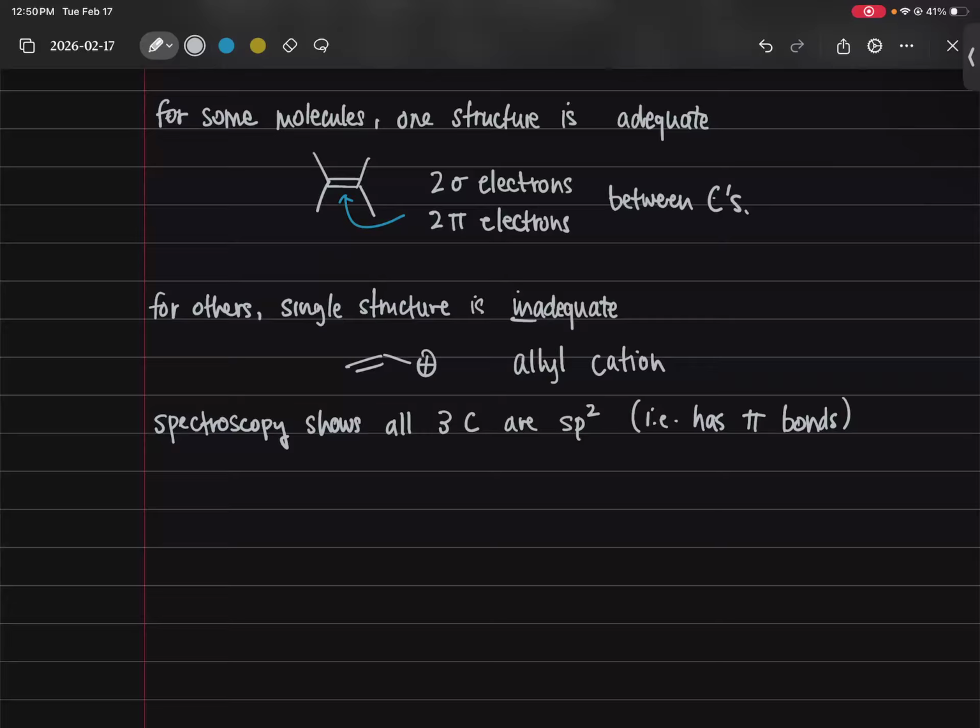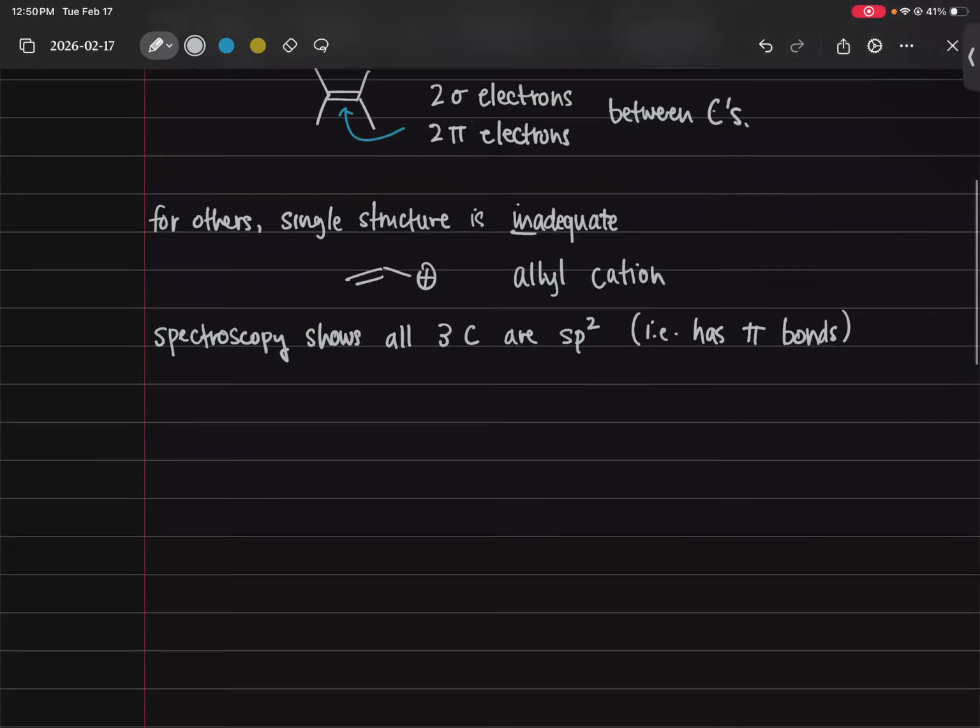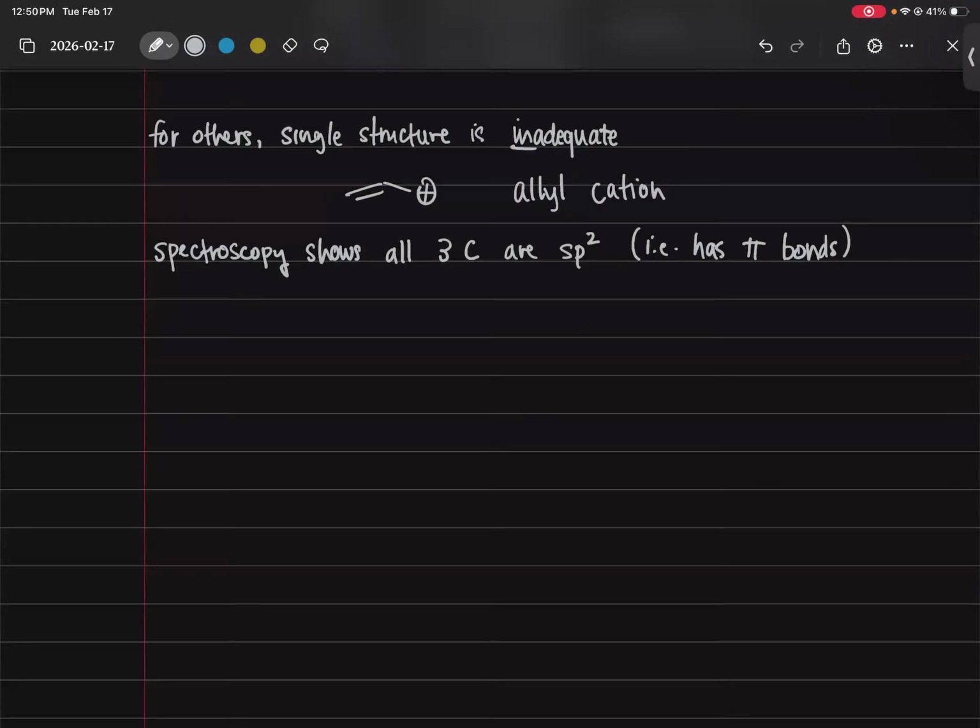What we would really like to do is have the pi bond spread out among all three of the carbons. There is a way we can draw that. We'll talk about that in a second. But based on our normal skeletal structure rules, we can't really do that.